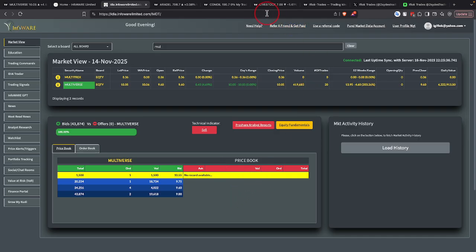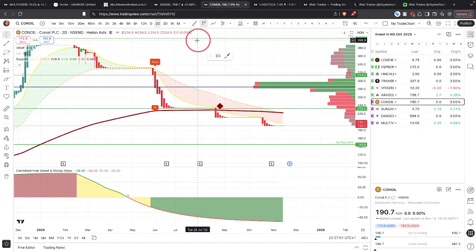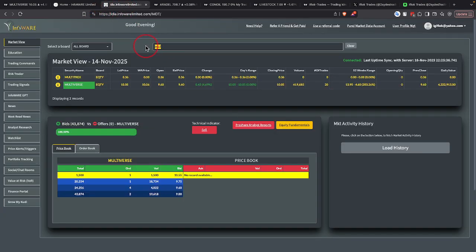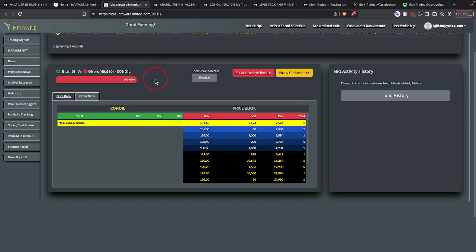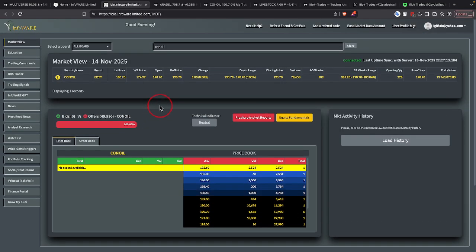Okay, all right, so we'll look at corn oil. So what's the current price? 190.7. Let's see what this tool is showing us. So corn oil. Okay, so we click on corn oil. So don't forget, once again, this is Friday's information. Today's Sunday, so it is information from Friday.